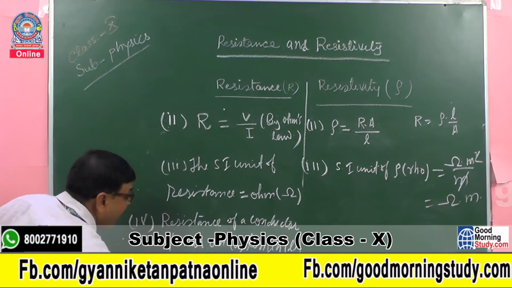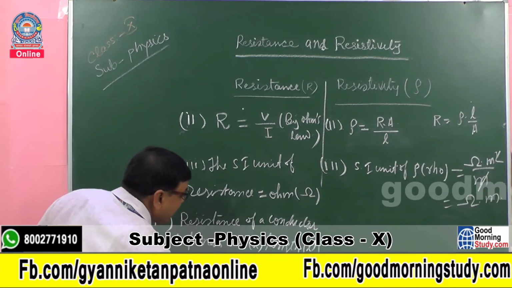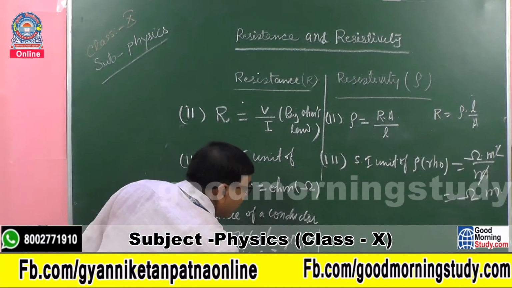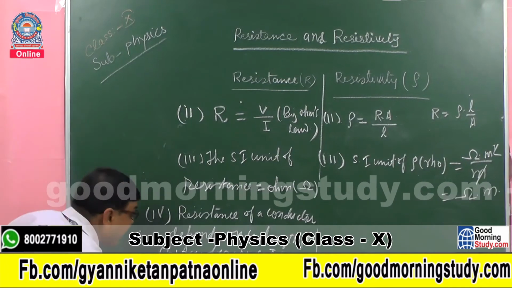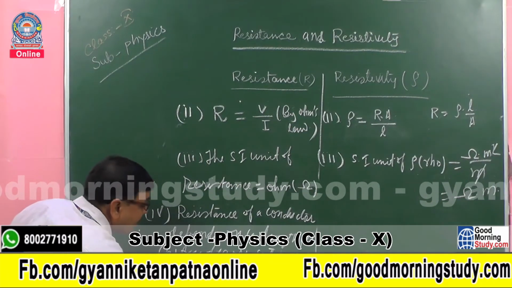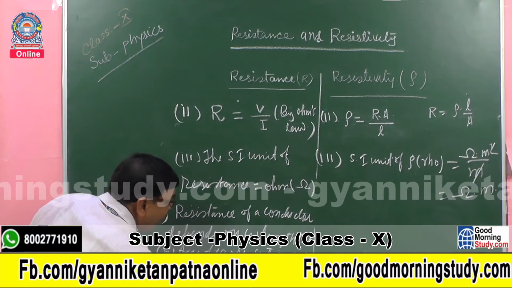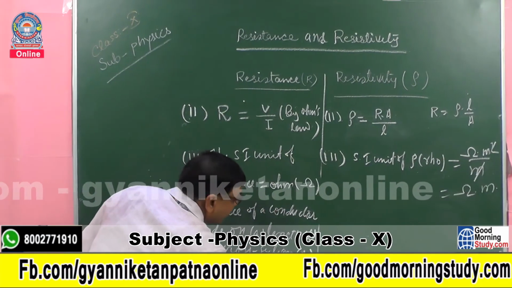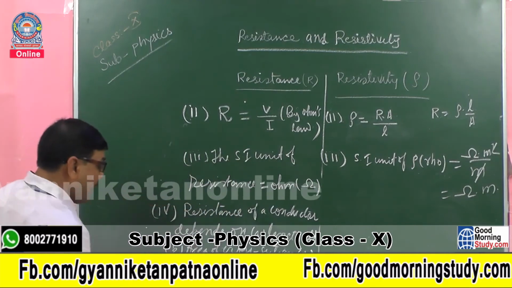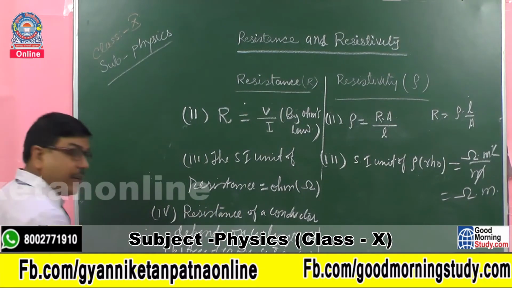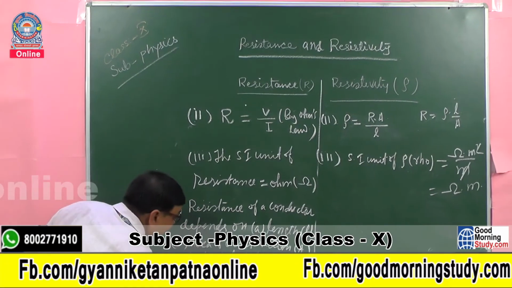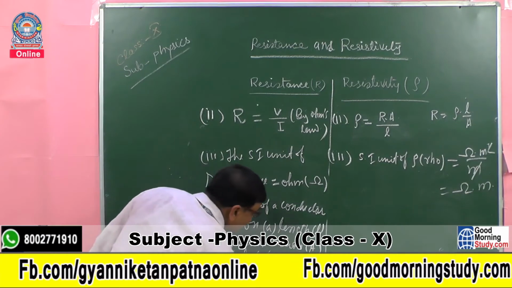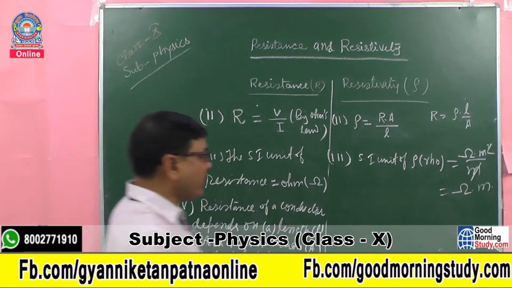B, area of cross section of the conductor. C, material from which it is made up, material of the conductor. And fourth point, D point, temperature. What is the temperature at that time? It depends. Understand this?